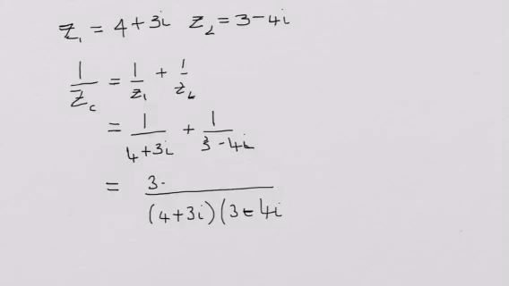Obviously that's going to give me 3 minus 4i when I multiply this one up to there, and that's going to be added with 4 plus 3i there.